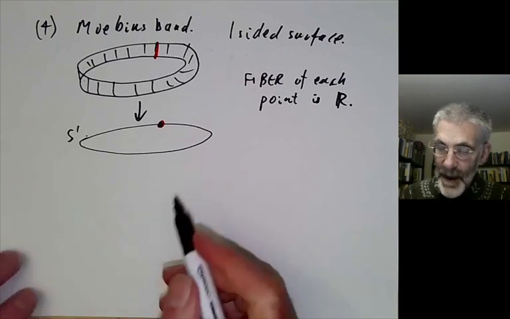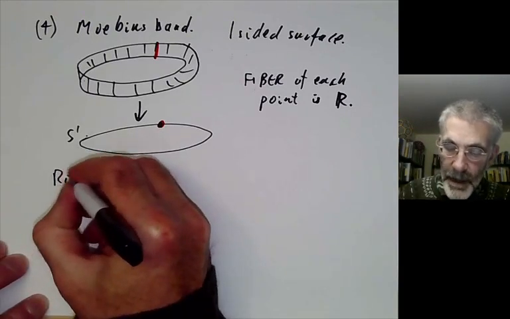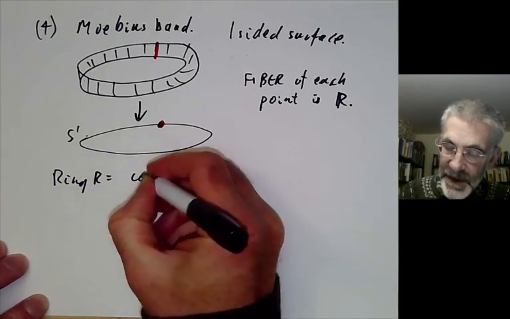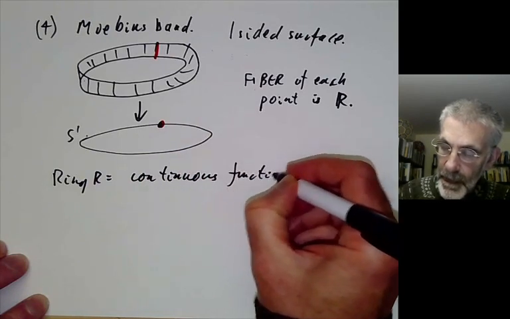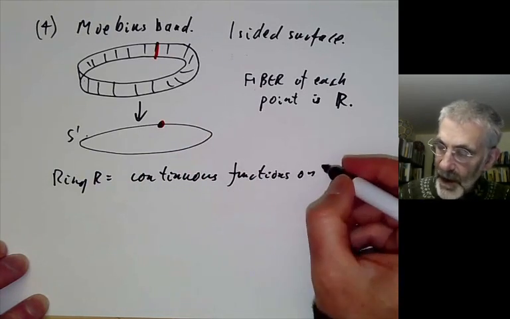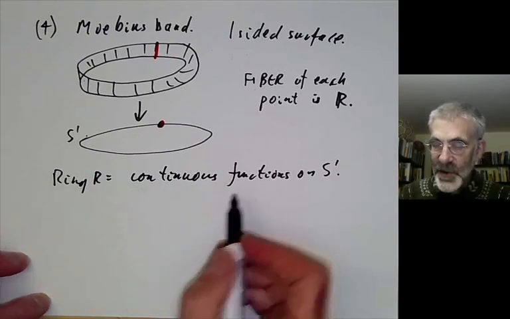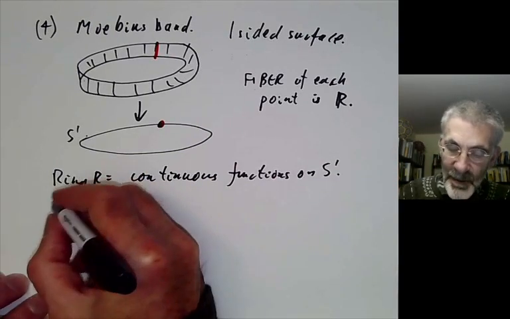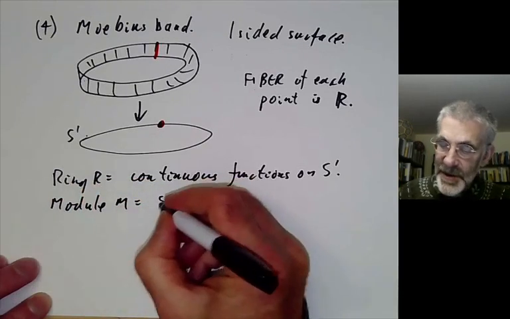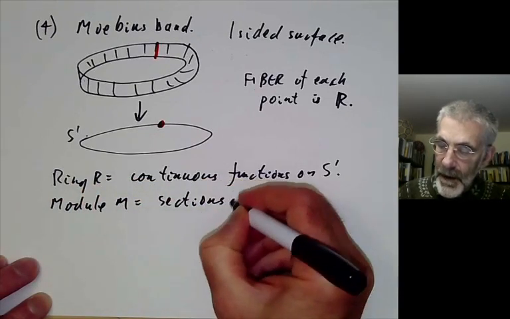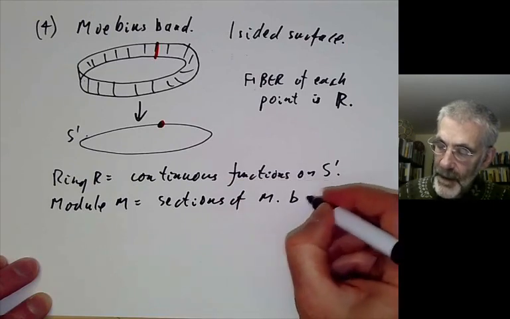And now I'm going to take the ring R to be continuous functions on S1. That's continuous real valued functions. And the module M is going to be sections of the Moebius band.